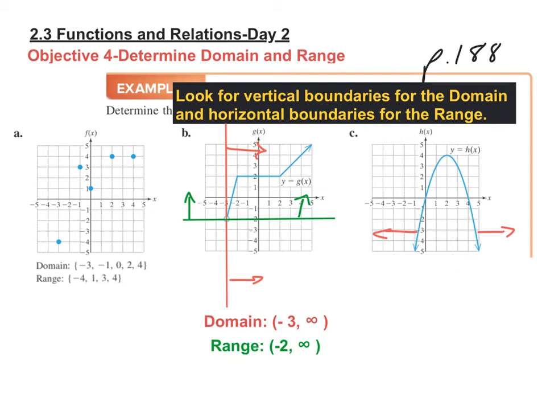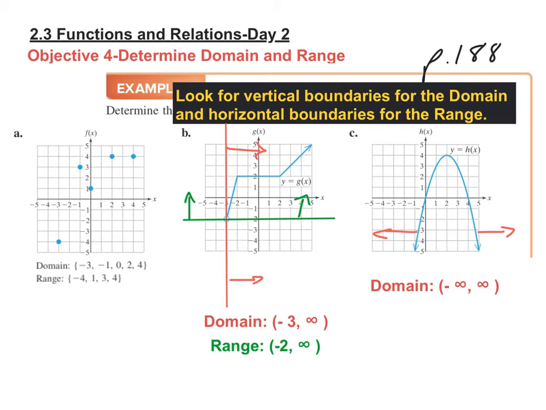There's always going to be some x value that you can choose, and it will be part of that equation. Which makes the domain what? All real numbers, which in interval notation is negative infinity to positive infinity. So that's how we write all real numbers using interval notation.